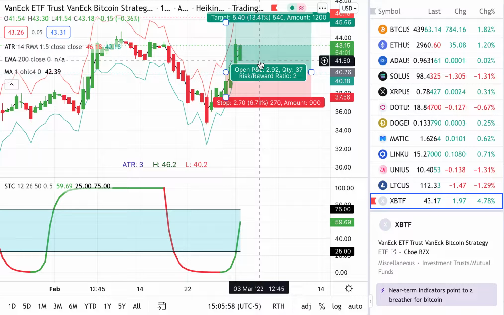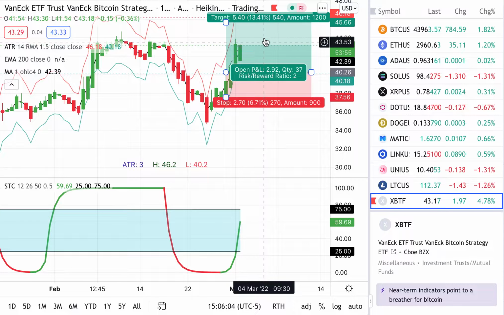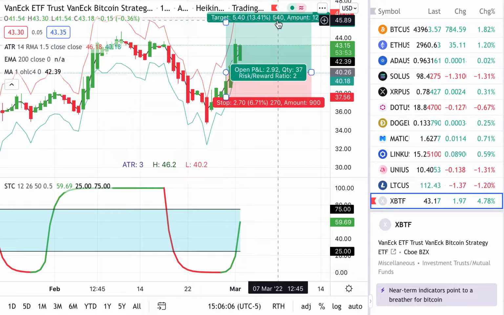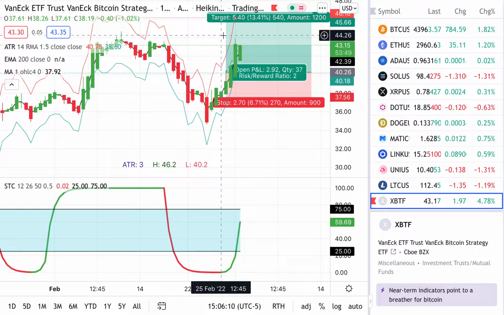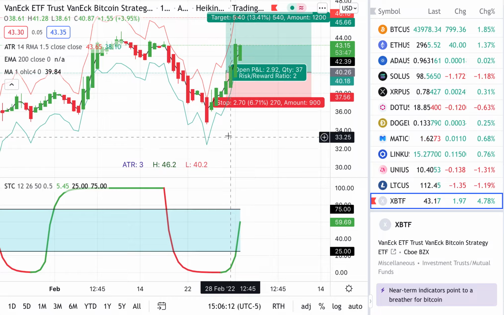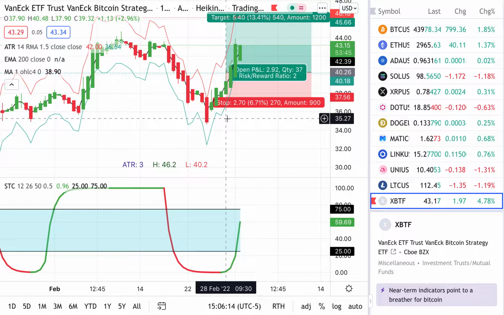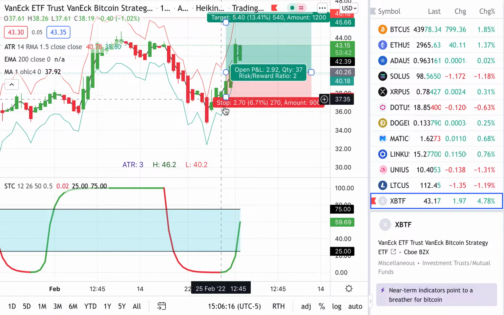So I set that and put in a good till canceled sell order to sell out half my position, and then let the rest of it ride up to this, which is double the 1.5 times the average true range.